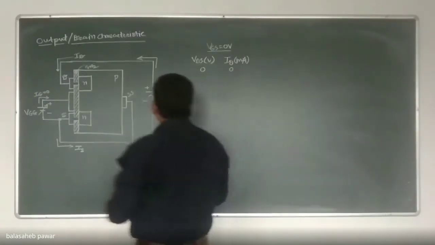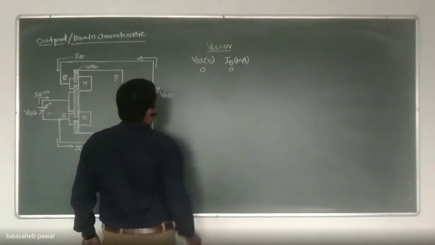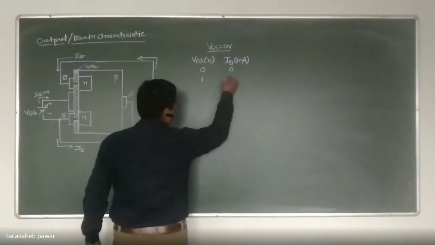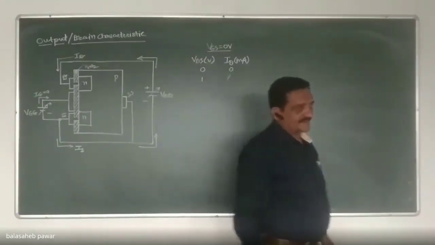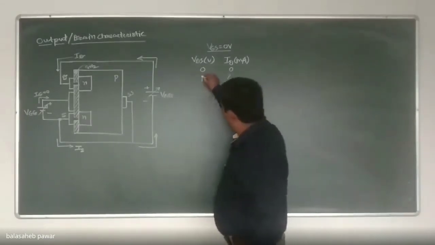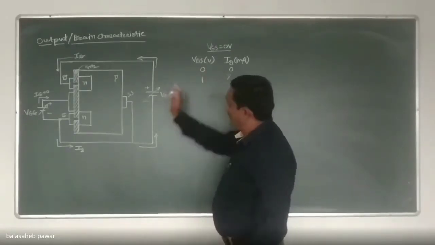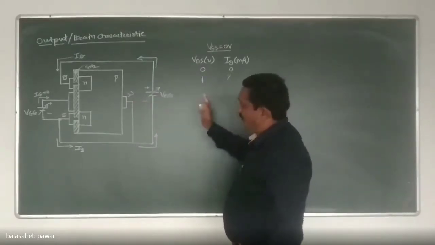Okay, now suppose we apply this VDS, for example, 1 volt. What do you think? What will be the effect on ID? Can anybody answer? If instead of this VDD at 0, I increase it to 1 volt, but our input is constant, don't change that input, because we have to plot the output characteristic.